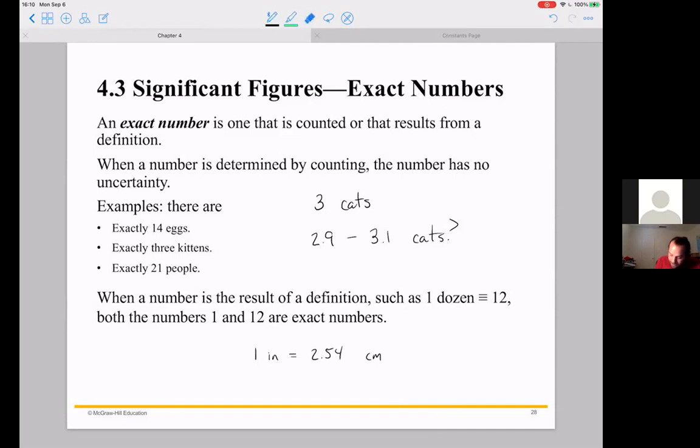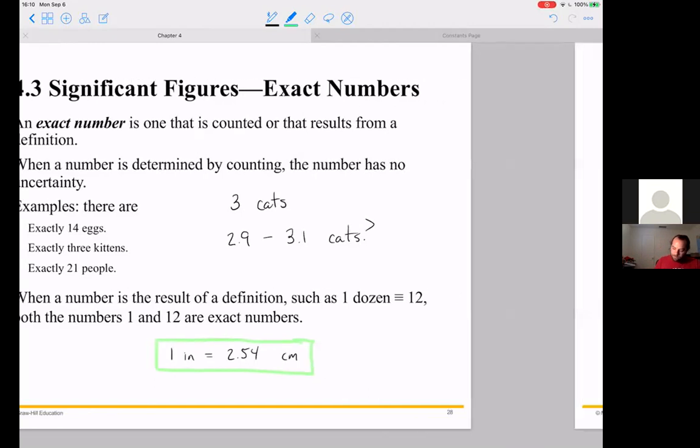But this definition is set in stone. An inch is never maybe 2.55 or maybe 2.53. To be an inch is to be 2.54 centimeters. So that conversion factor is exact. We'll see this when we start talking about conversions, but it means that we won't have to worry about sig figs when we use those numbers.